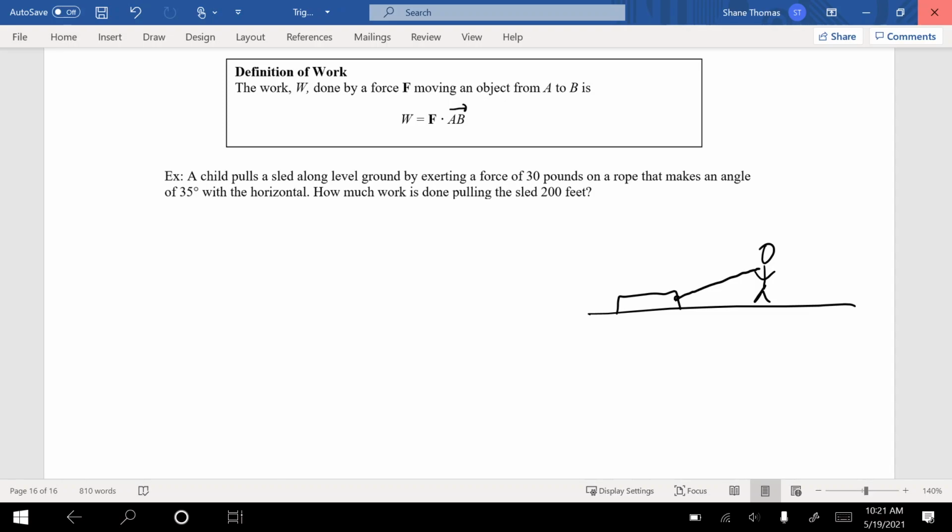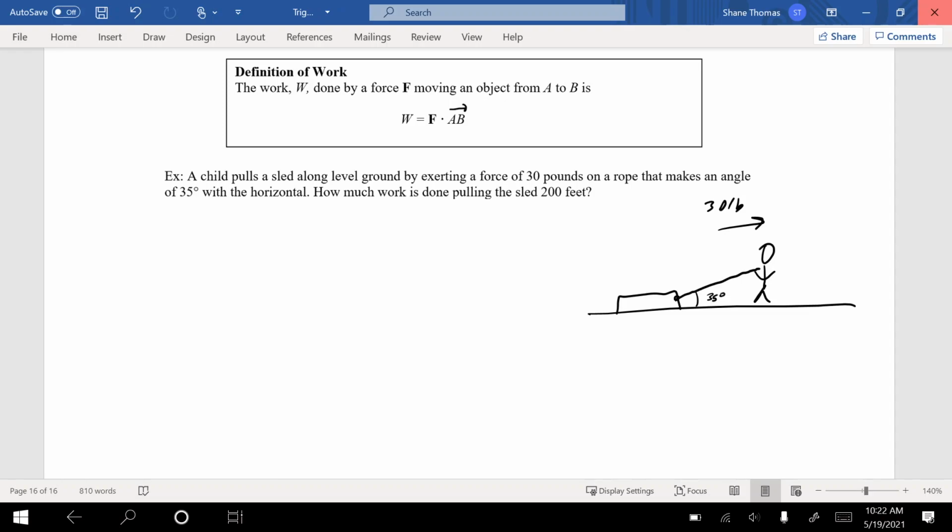He's putting 30 pounds of force on the rope, and the rope is at a 35-degree angle. Obviously, the fact that he's pulling it up means he's wasting a little bit of energy, right? If he was pulling it straight, he'd be better off. We know that. So the question is, how much work is done pulling the sled 200 feet?